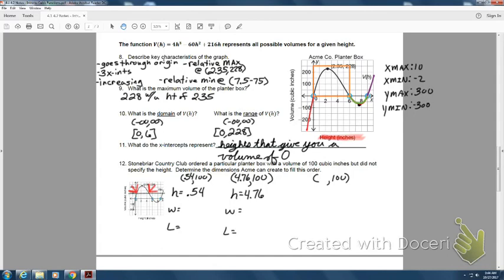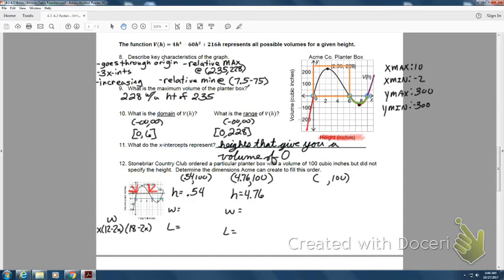Now, at the very beginning, whenever we were talking about it, this is the equation that you should have put in. We said that the 12 minus 2x represented the width. And I told you, whenever I was explaining the whole scenario, that if we have the height, we can find the other two, correct? Because they're both in terms of height.